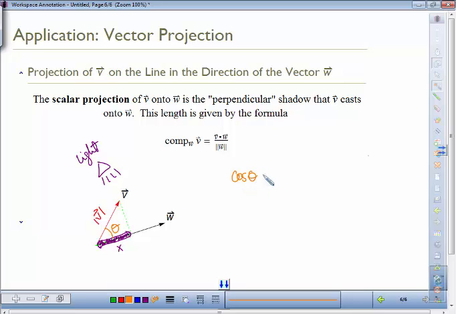Cosine of theta is equal to the adjacent over the hypotenuse, which is magnitude of V, right? I want to solve for x, because that's the length that I'm looking for. And x is actually equal to magnitude of V times the cosine of theta.